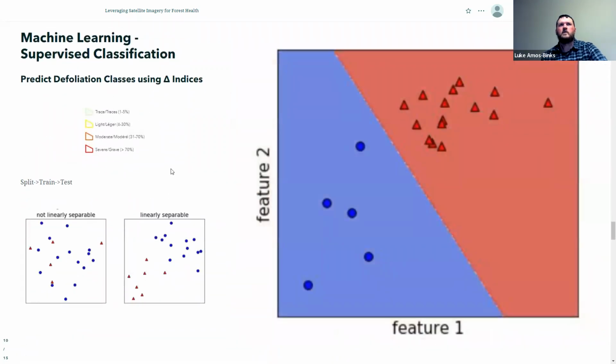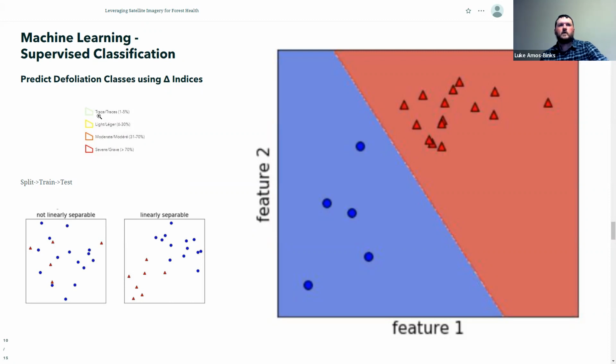So to do that, we used a branch of statistics called machine learning, or more specifically, supervised classification. And really what we want to do is predict the defoliation classes using some of these change indexes. The four categories that we typically use are trace, light, moderate, and severe.